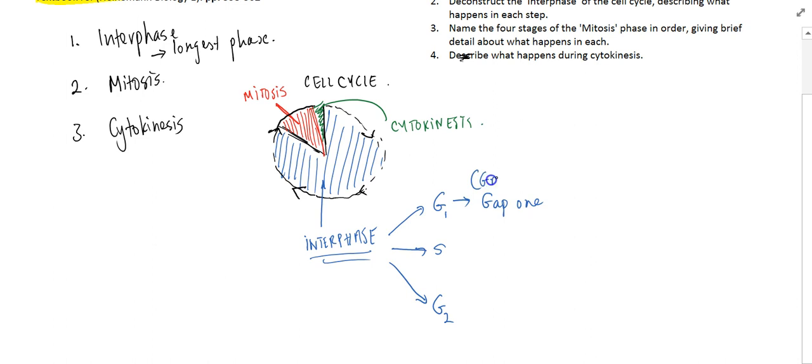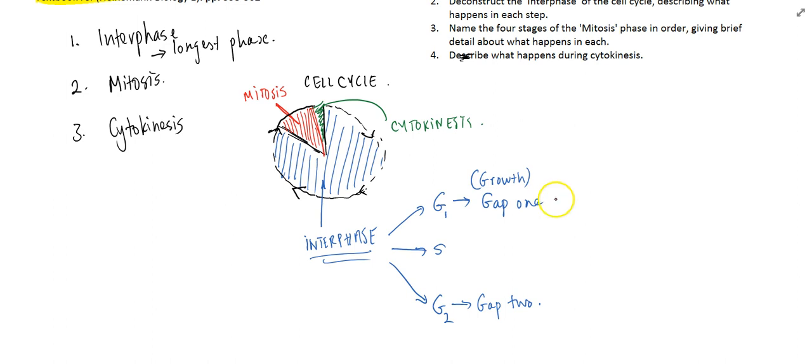I like to think of it as growth 1, because what is marked by the G phases is growth. All right, so growth happens in each of the G phases here. So with gap 1 and also with gap 2, we have growth. But more specifically, what happens in each of the gap phases varies.